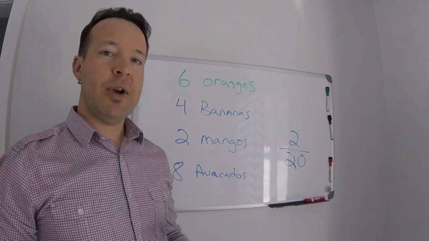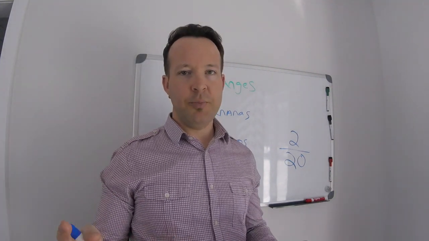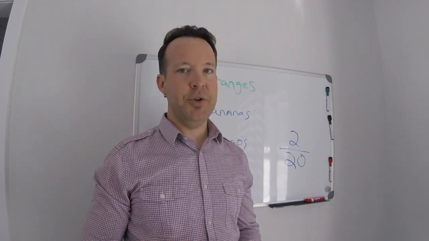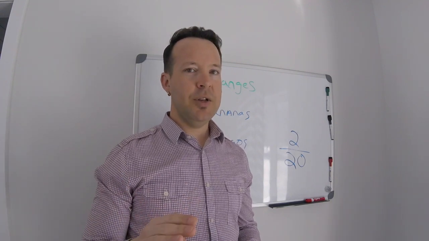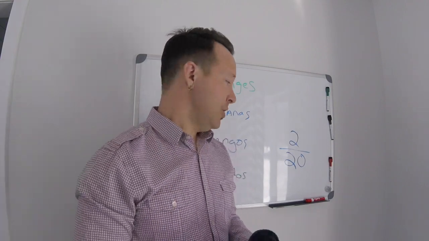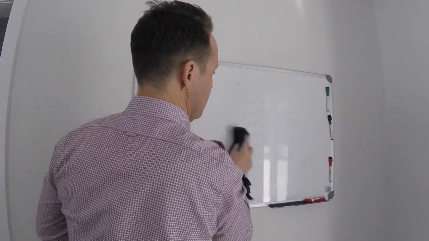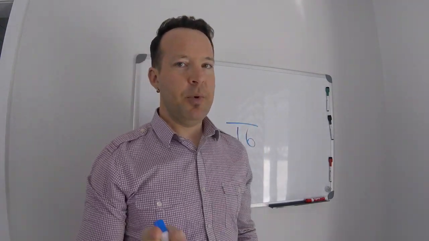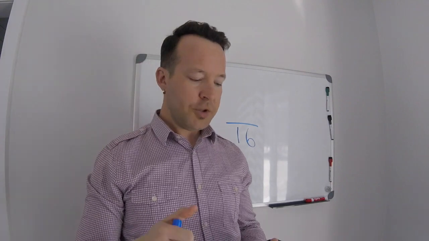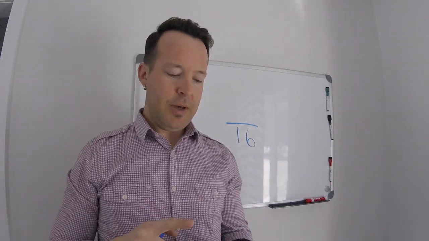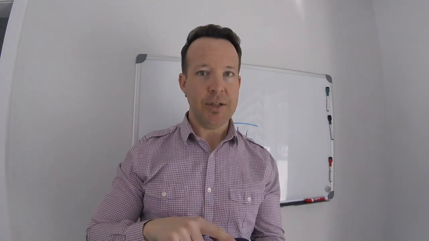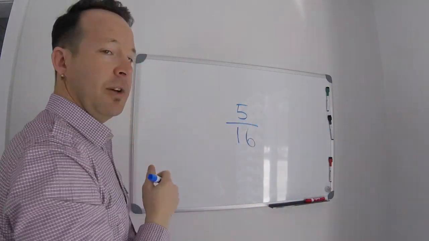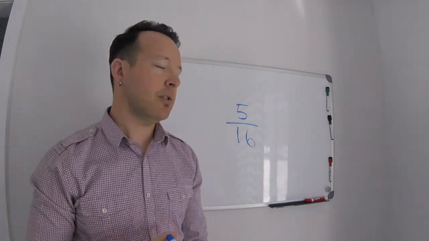So let's look at all the students in our classroom. There's 16 of us in the classroom. Okay, 16 students. So that means that if each student represents 1, which you do, there's 16 of you. If we take all the kids in the front row, so we take Emmanuel and Emma and Jake and Julia and Ashlyn, there's 5 of you in the front row. 5/16 of the students in our classroom sit in the front row.